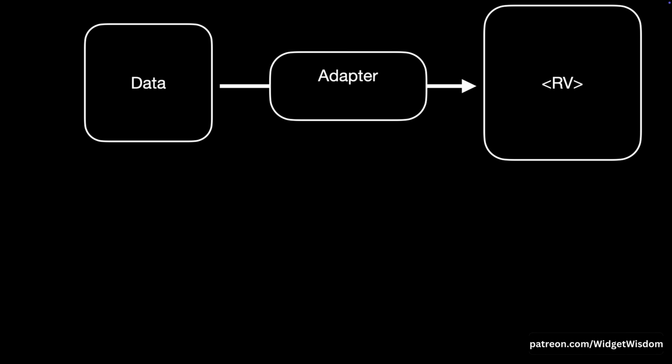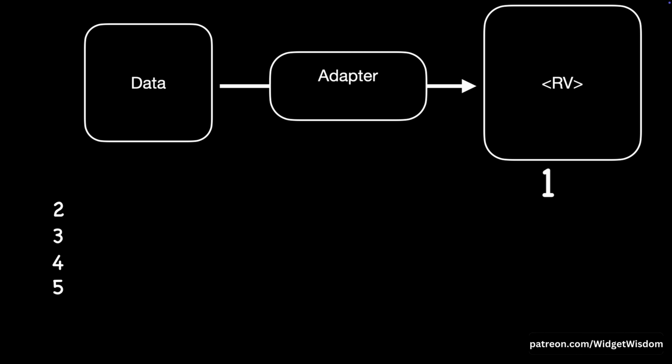So let's say we have 5 data points in this data, right? The adapter will take one item at a time and put it inside our RecyclerView. After this, it will go to the second item, then third, then fourth, and so on. So basically the adapter's task is to take one item from this data and put it into the RecyclerView.